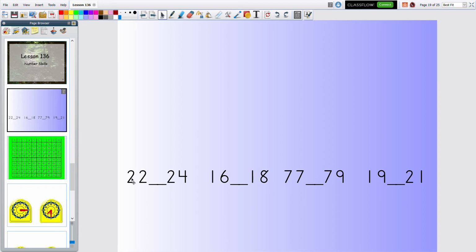Let's look at this first one. We have 22 and a blank and 24. Now let's kind of look at this. I'm going to get my fat pen up here, and I want to kind of go around this one. This is the family.